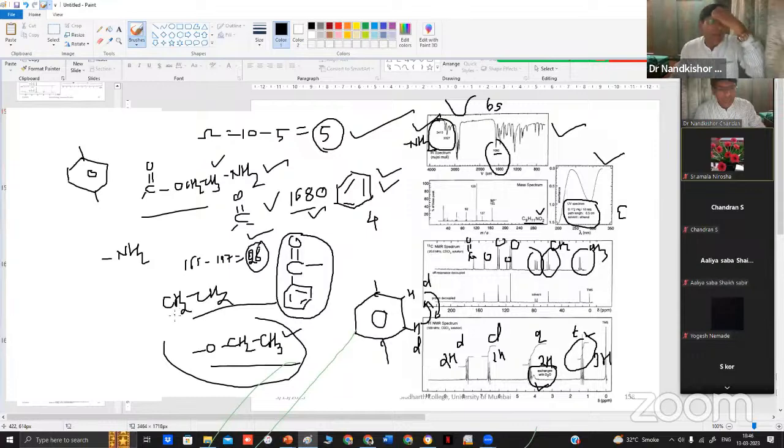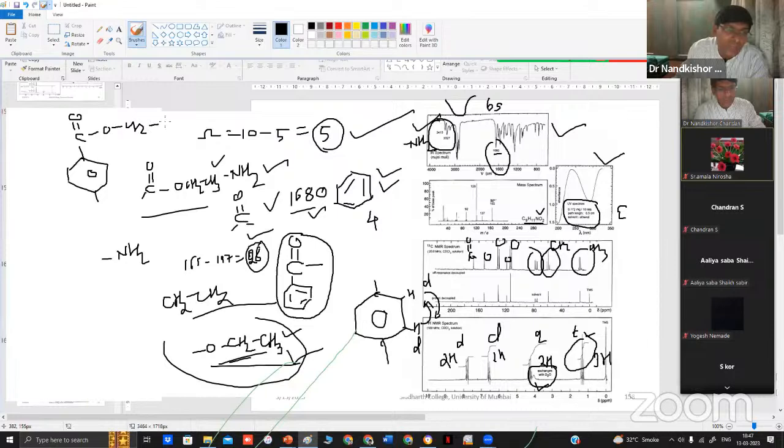Okay. Now, if the ethylene group is present over there, that ethylene group possibly goes out from this ethoxy group when this ethoxy group is attached to the carbonyl group. That means there is a possibility to have McLafferty rearrangement in the structure. For the McLafferty rearrangement, this ethoxy group should be attached to the carbonyl group. Then and only then it is possible to have the McLafferty type of rearrangement.